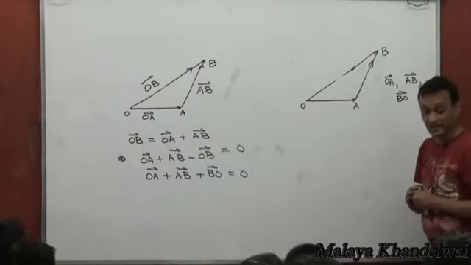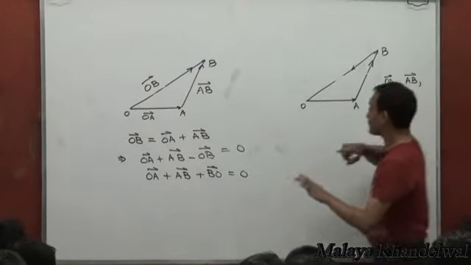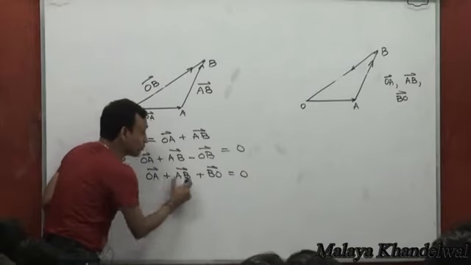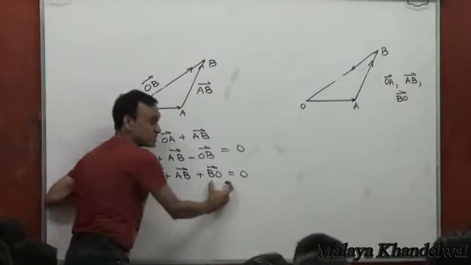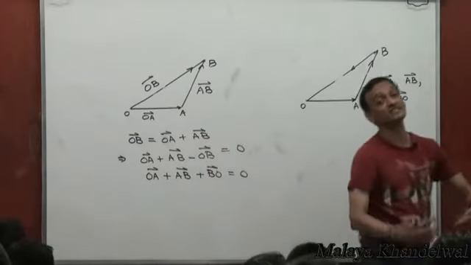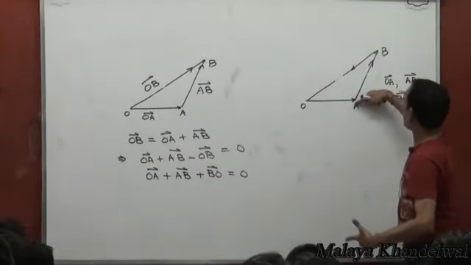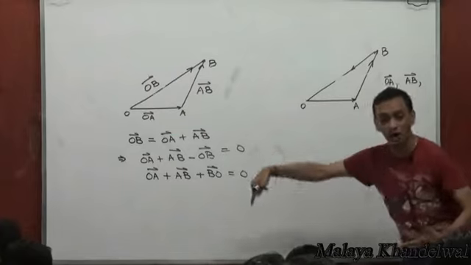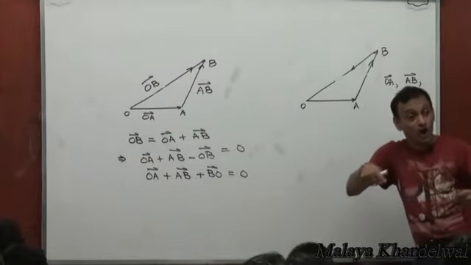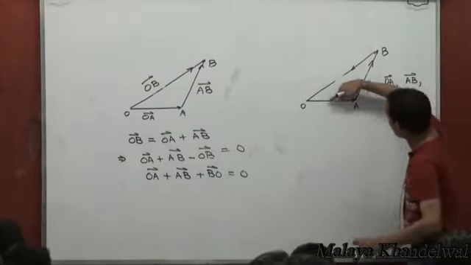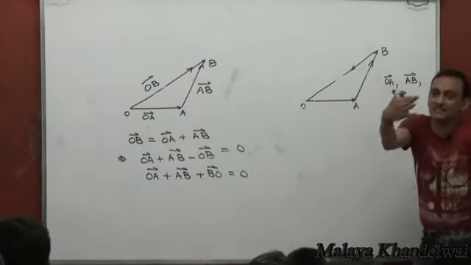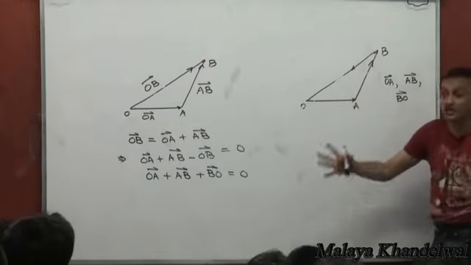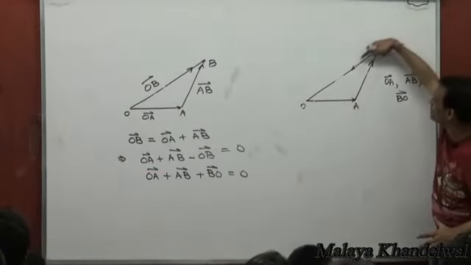Suppose you had these three vectors. Then the net effect of these three vectors is 0. OA plus AB plus BO is 0 means that if these three vectors OA, AB and BO were acting along the sides of a triangle taken in order.